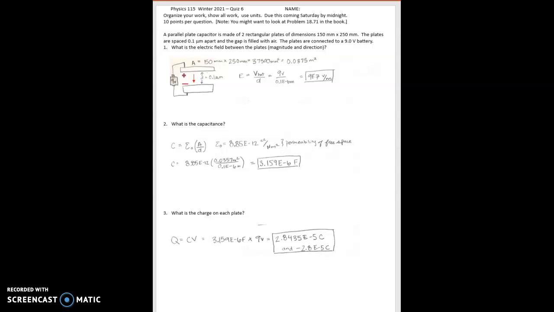And so when we do that, we get 9 times 10 to the 7th power volts per meter.